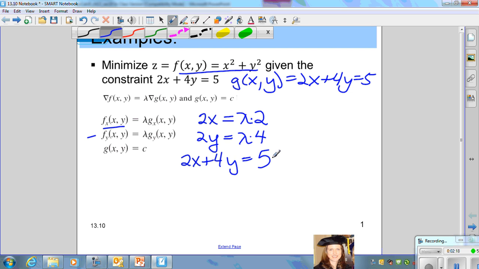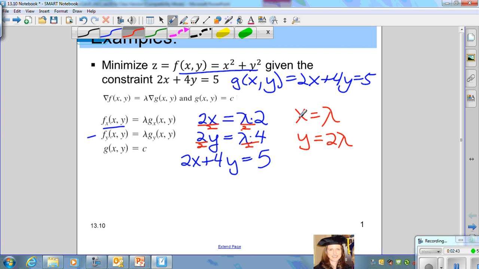What we can see right away from the first equation is that if you divide both sides by 2, x is equal to lambda. If you divide the second equation by 2, y is equal to 2 lambda.